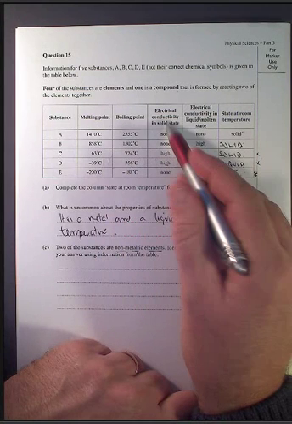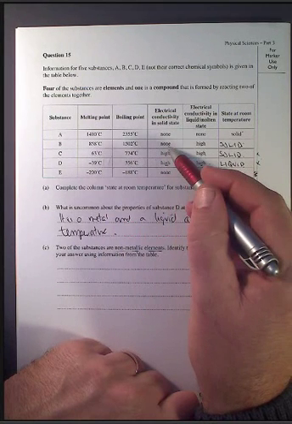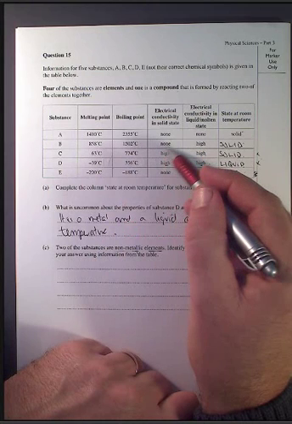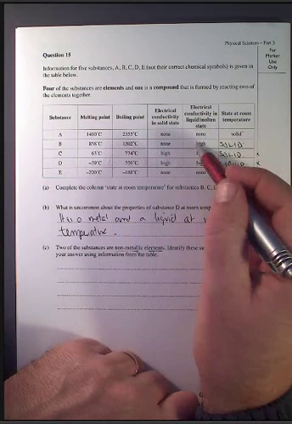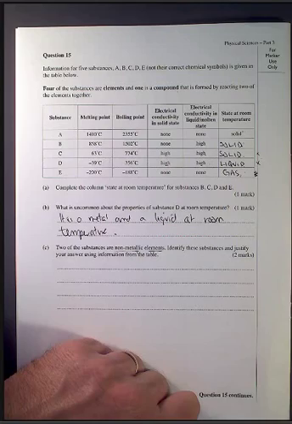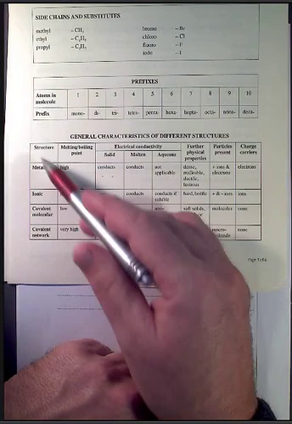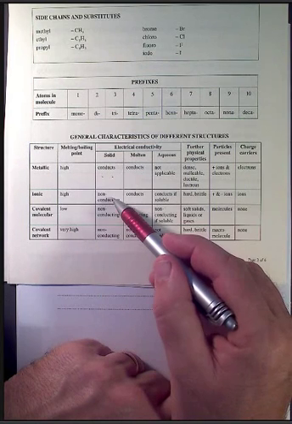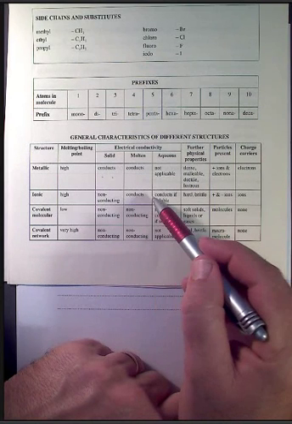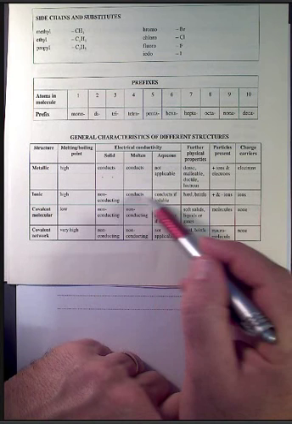In electrical conductivity in solid state, when it's nice and solid, it has no electrical conductivity. But when you dissolve it, it does actually become a good conductor, which, if you look down here, is the structure of ionic compounds. When they're solid, they're non-conducting, and when they're molten, or if they're soluble, they conduct.